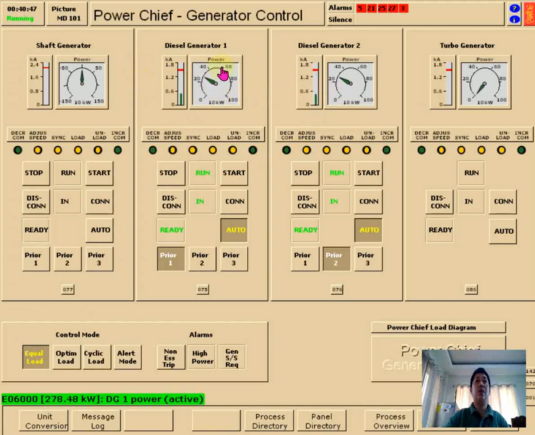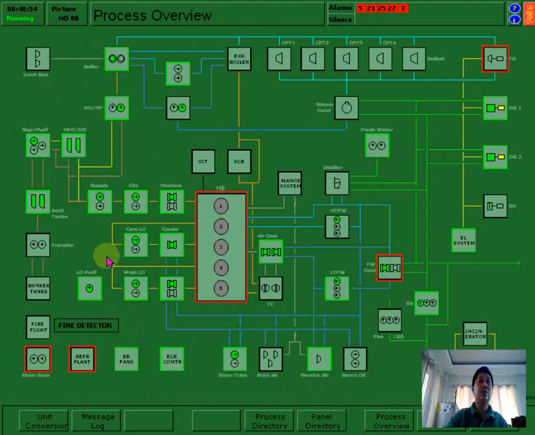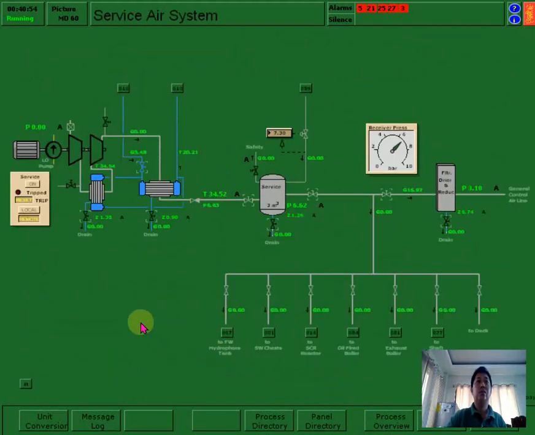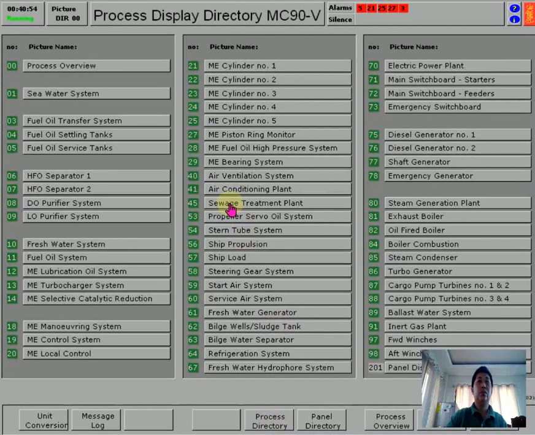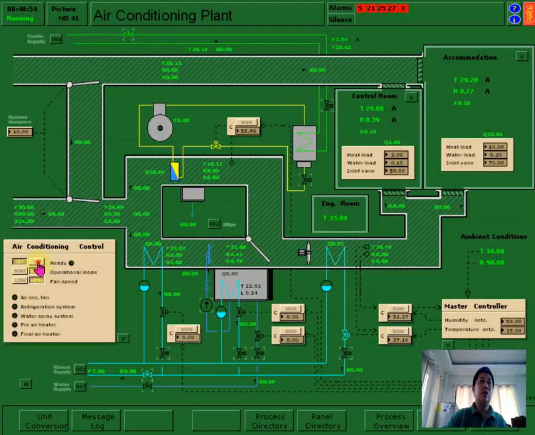Still not transferring the load here. I'll start the air condition again.